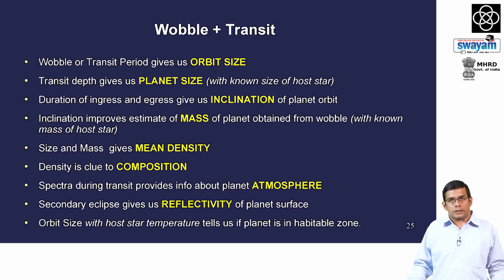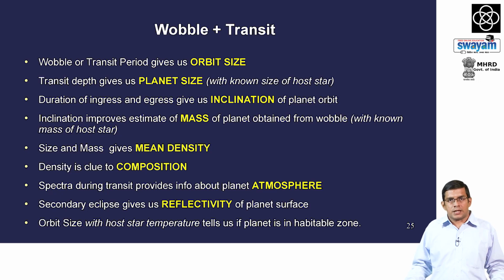And when we combine the results from the Wobble and the transit method, we have more information, because first of all, either the Wobble or the transit period gives us the size of the orbit through Kepler's law. The transit depth gives us the planet size, of course, relative to the radius or the size of the host star, which has to be determined independently.